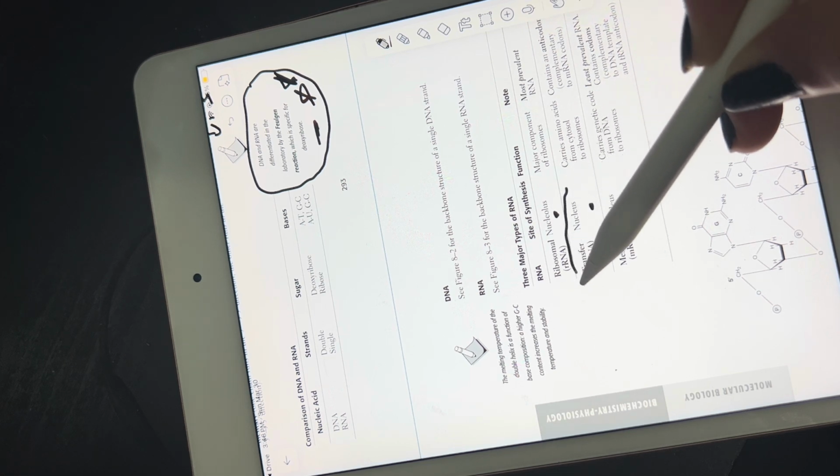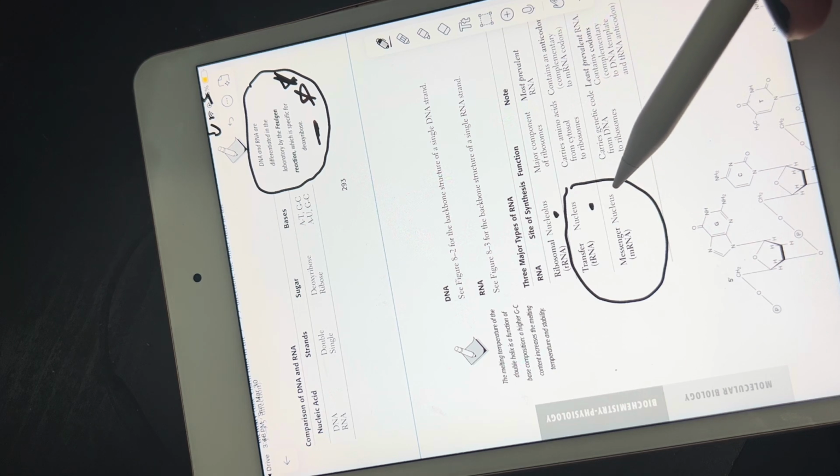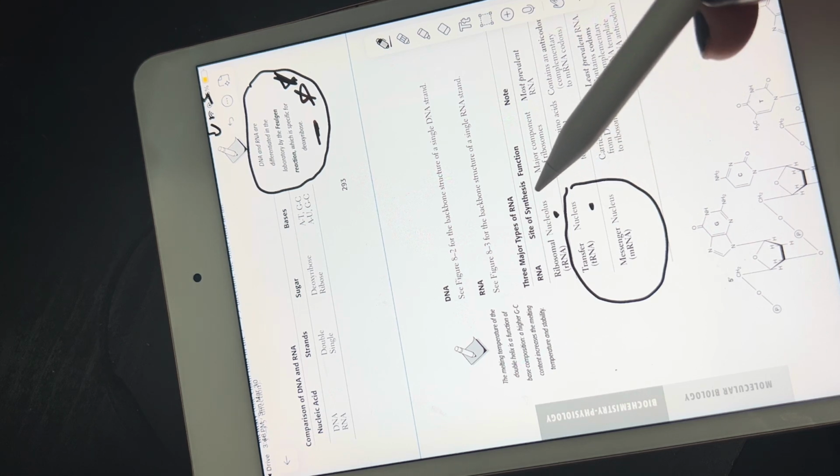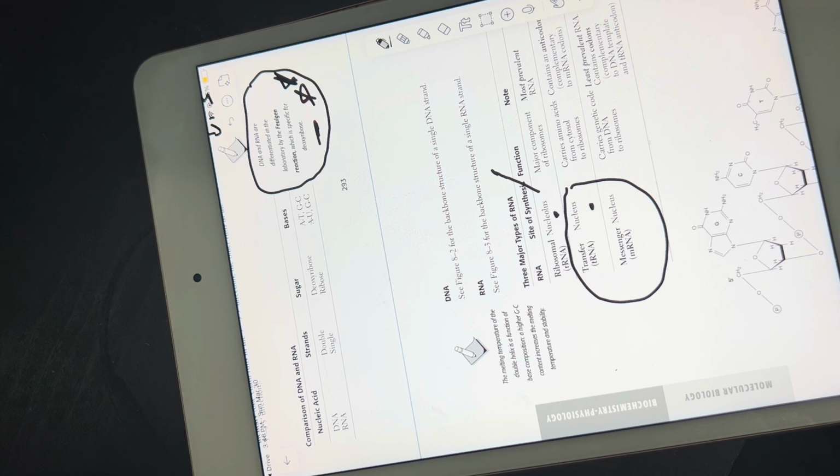Transfer and messenger RNA have their site of synthesis in the nucleus, whereas ribosomal RNA is made in the nucleolus. The most prevalent is ribosomal RNA, and another one contains the anticodon. The least prevalent is messenger RNA. We can also remember a little of their function: transfer RNA carries amino acids, and messenger RNA carries the genetic code.